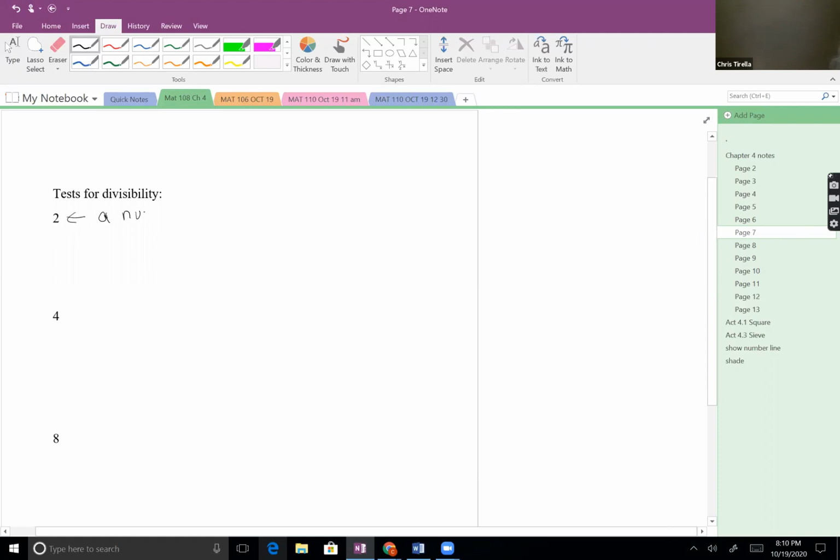First one, I think everybody knows. A number is divisible by 2 if what? What type of numbers are divisible by 2? Anybody want to help me out with this one? If it's even.